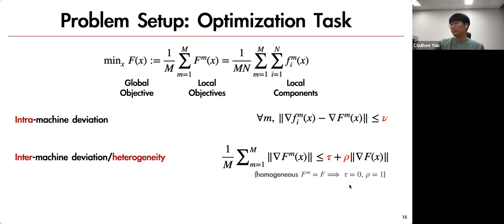And to help understand what this is saying, if you consider the homogeneous case where f_m, the local objective functions, are exactly equal to the global objective function, you can quickly check that this inequality holds with tau equal to 0 and rho equal to 1.